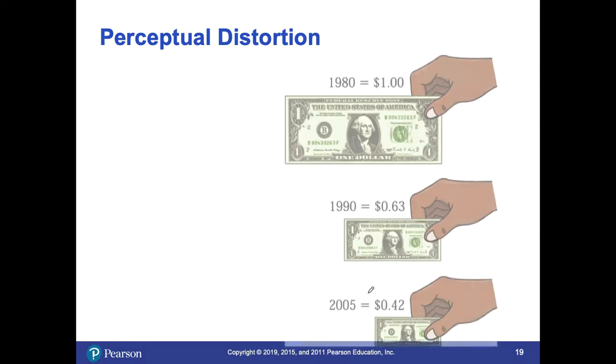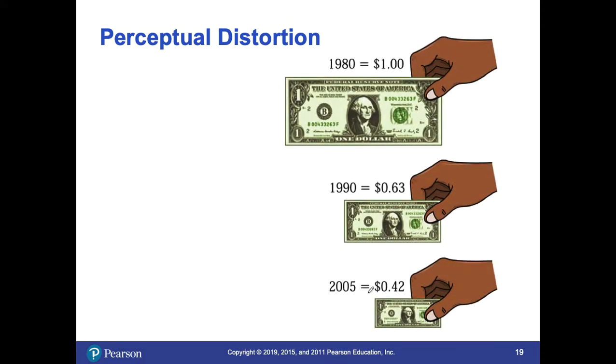So imagine I showed you this graphic in the newspaper. You're going to think in your mind, oh, how much is a dollar worth, right? Well, in 1980, a dollar was worth $1, let's say. Maybe you might think to yourself, well, that means the dollar was strongest in 1980.